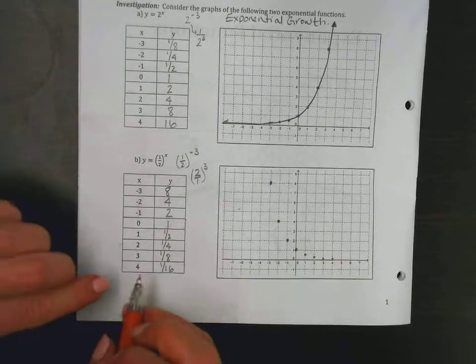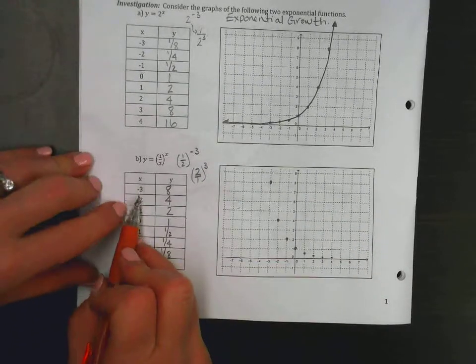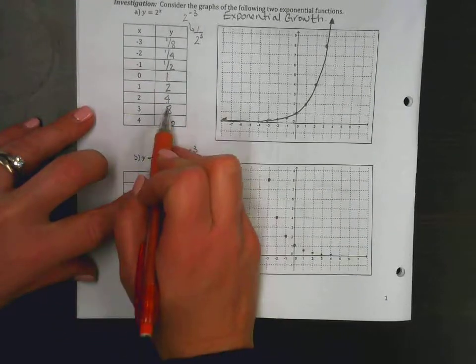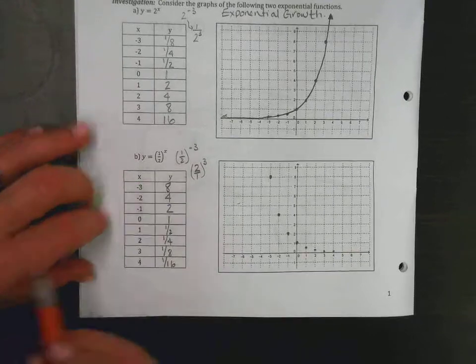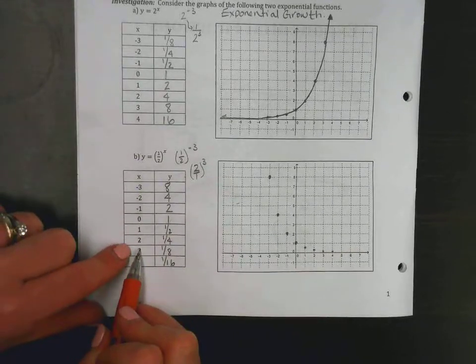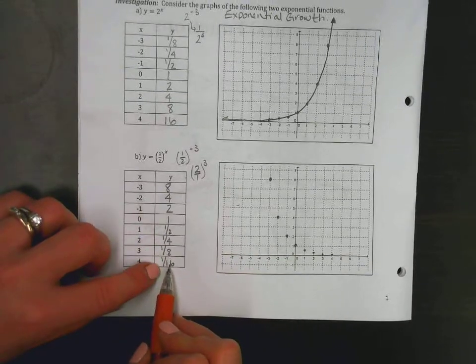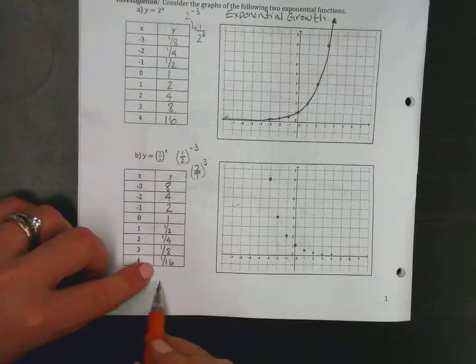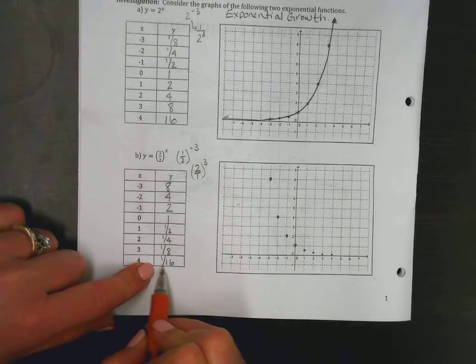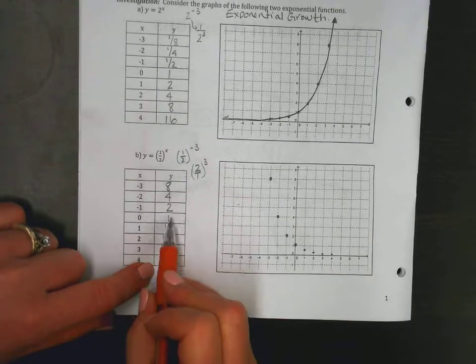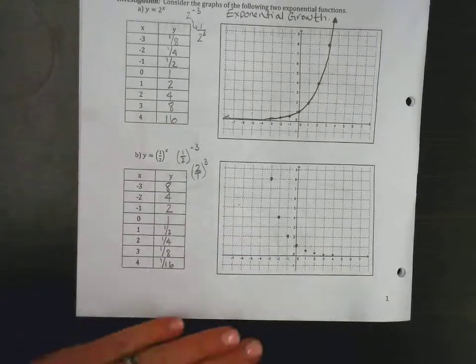As our x values decrease to negative infinity, our y values are going to increase to infinity. As our x values increase to positive infinity, our y values are decreasing, getting halved each time. This value is going to approach but never actually equal 0. So this is going to approach 0 but never actually be 0.